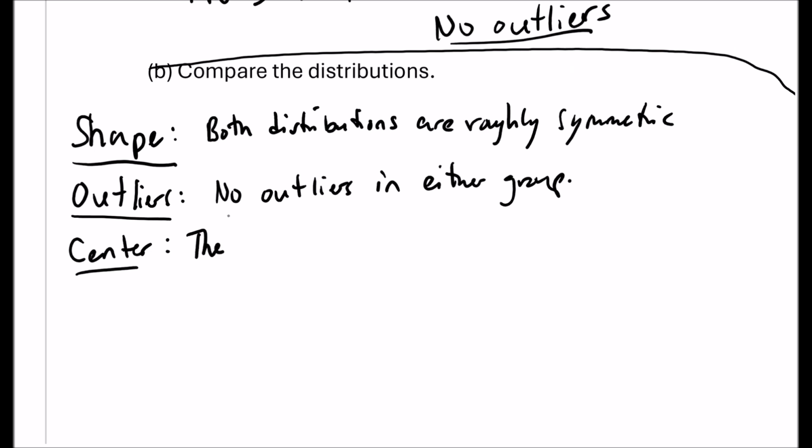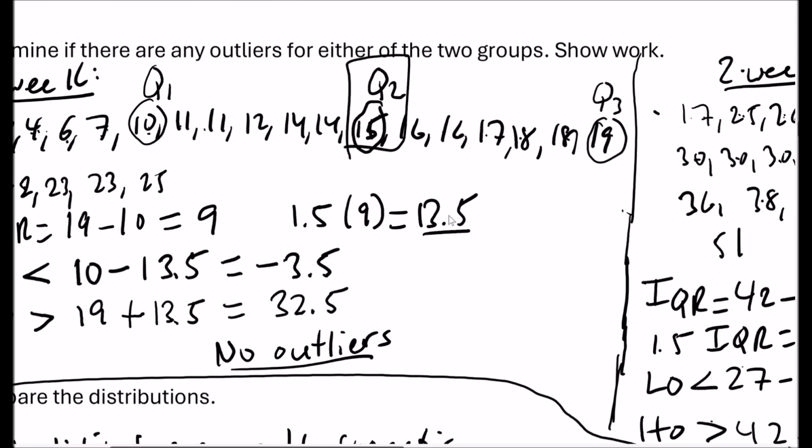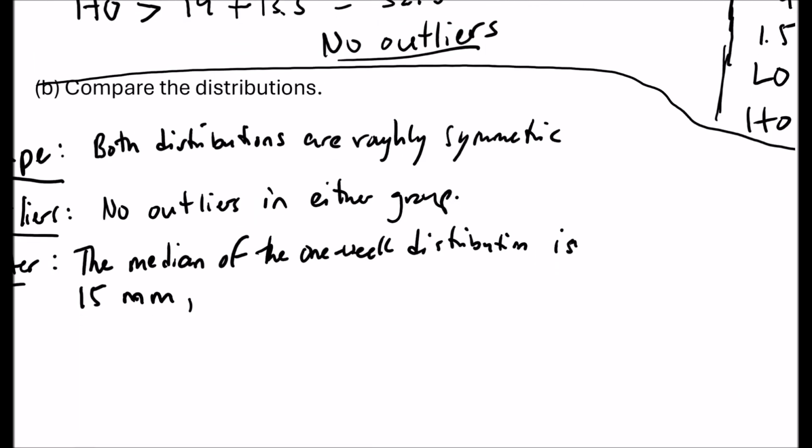Okay, so the median of the 1 week distribution is 15 millimeters. Wait, was it 15? Let me double check. Yeah, 15 millimeters, which is less than the other distribution.